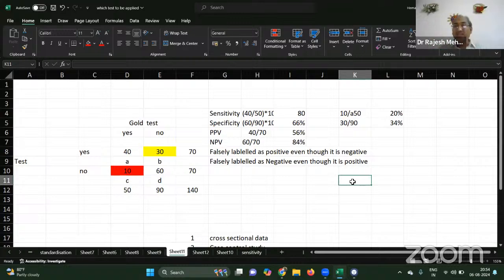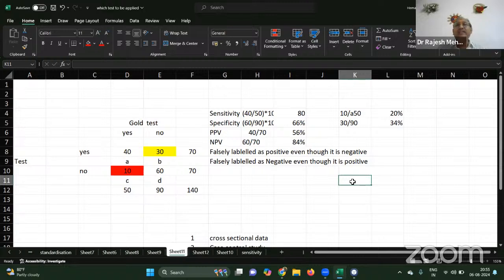Or you combine another non-invasive test, or even invasive tests, or two laboratory tests, or two serial tests, then definitely you will be able to increase the sensitivity and specificity.